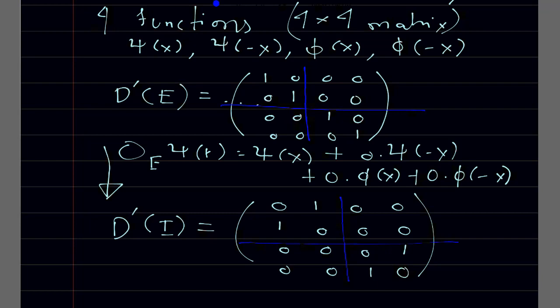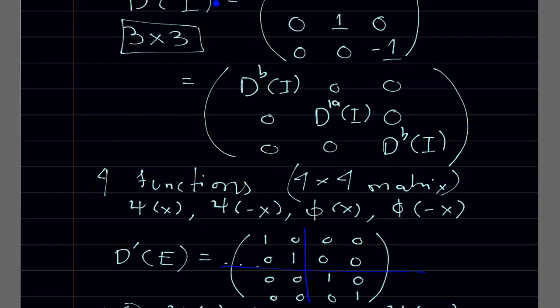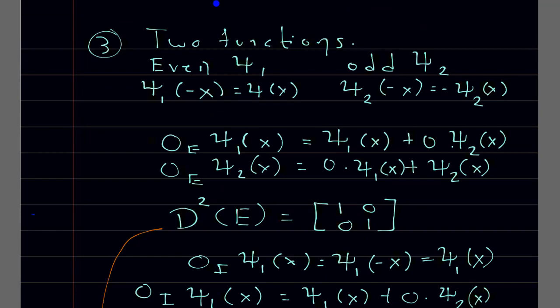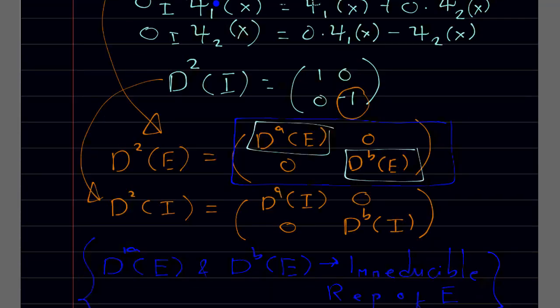But anyway, what do we understand? We understand the following. If you go to the previous page, from here we understand that you can add representations and make a new representation.